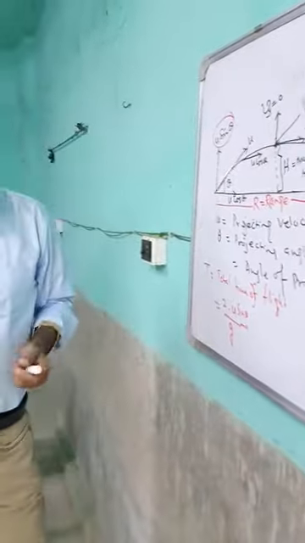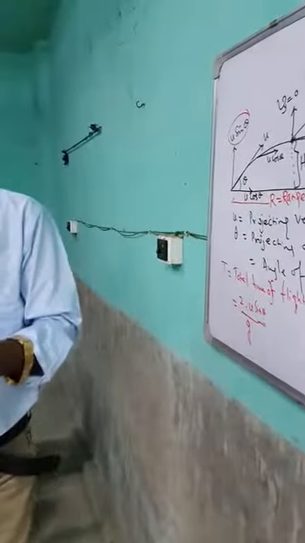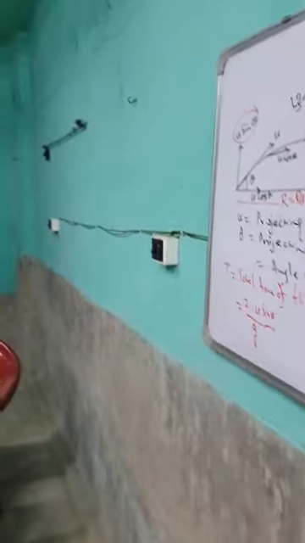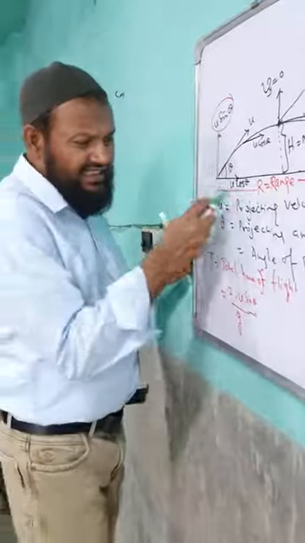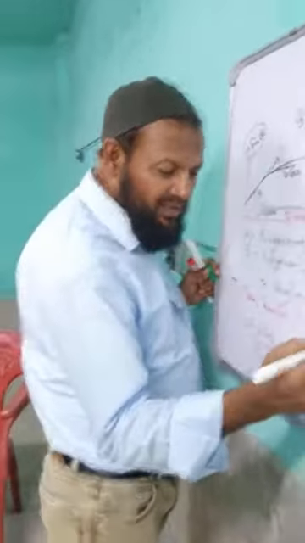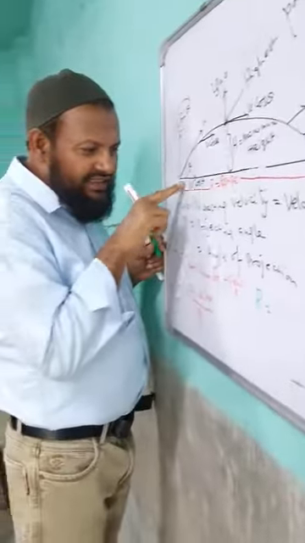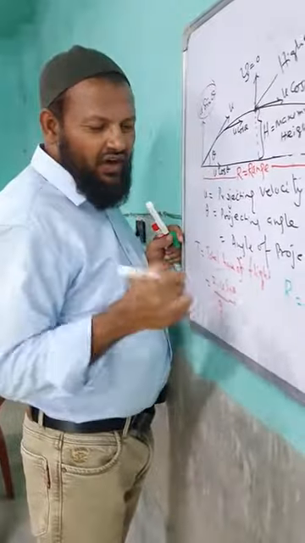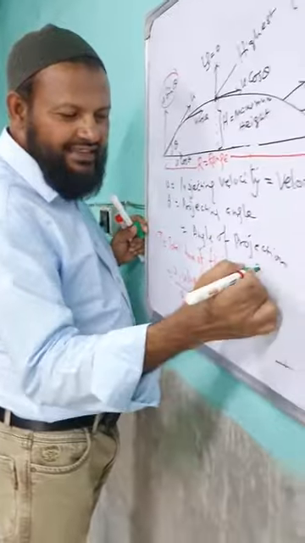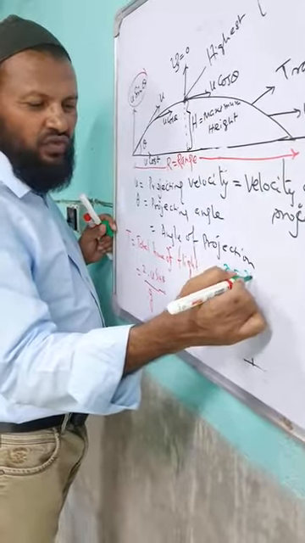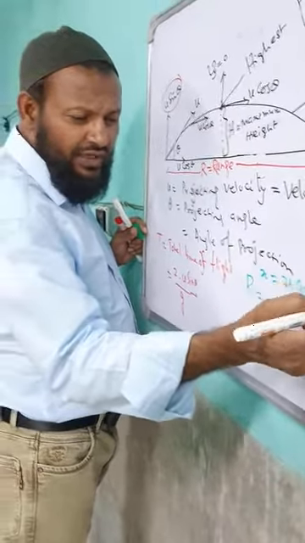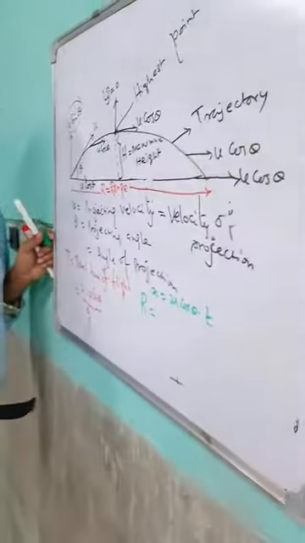Now one thing is important. What is range? Who is responsible for this range? This velocity. Actually, x equals u cos theta into small t. Now put the condition.